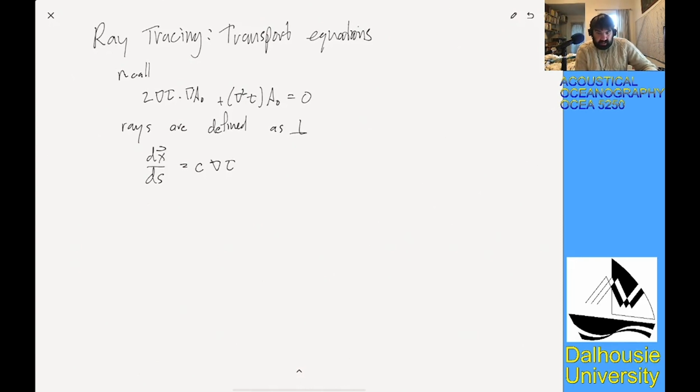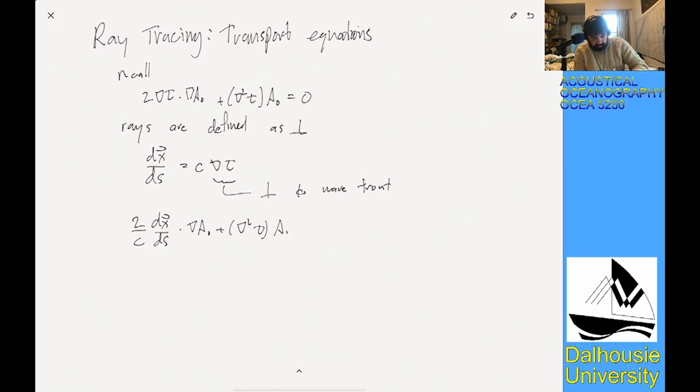So the gradient of tau is perpendicular to the wavefront. Now we can write 2 over c, just by simply substituting that into our first equation.